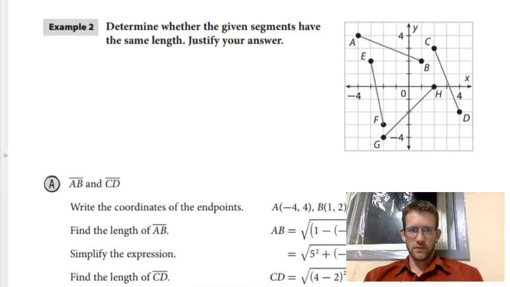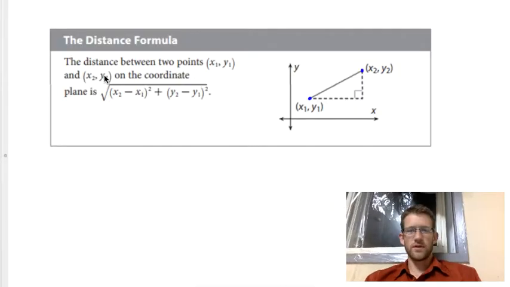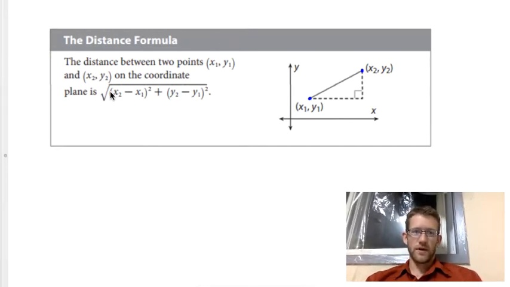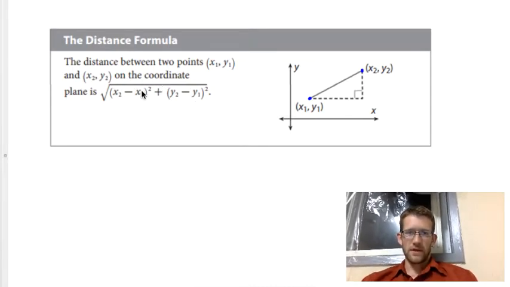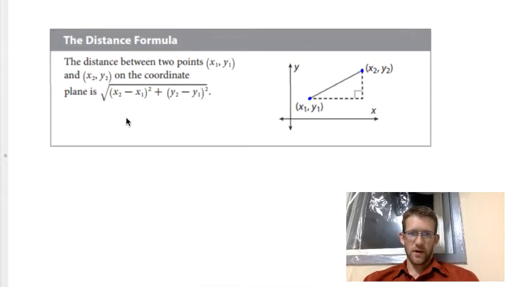So you can use the distance formula. I would personally use the Pythagorean theorem. Note here that this distance formula is essentially the Pythagorean theorem, right? We have the distance between the x's, so the change in x's here is this distance, say, is a, and we take that difference and do a squared.